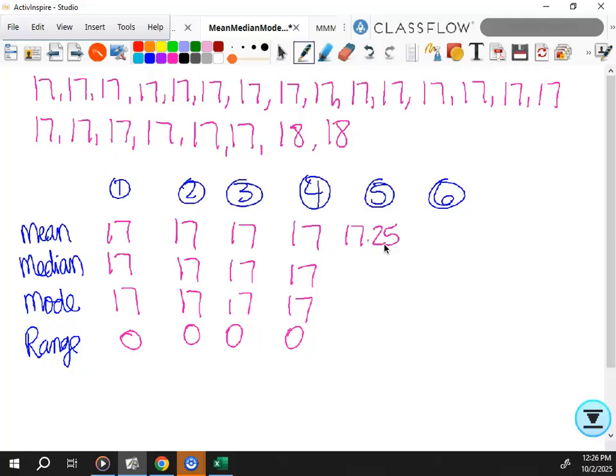Y'all's have to be the same because you got the same amount of people, right? What's the median? What's the median going to be? 17. What's the mode going to be? 17. What's the range? 0. Okay. All right. So if you're all the same age, your mean, median, mode is all exactly the same. And your range is 0.